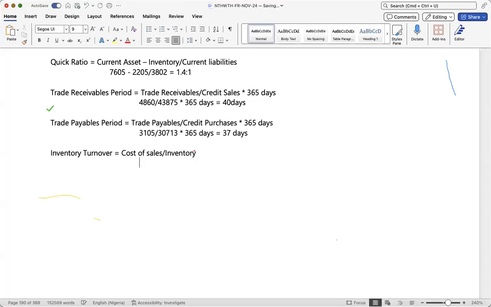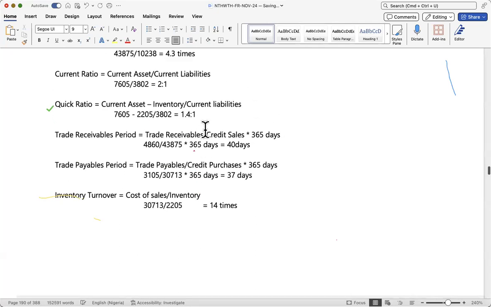We already know our cost of sales to be 3713 from up here, and I know my inventory to be 2205. So that's how many times now? 14 times.